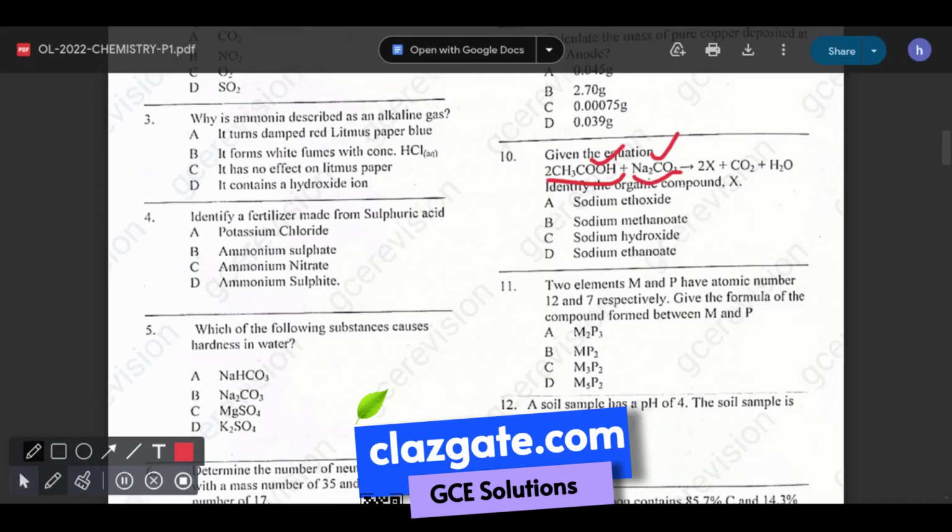We have carbon dioxide, we have water, and then the organic compound that is formed from the reaction between acetic acid and the base.